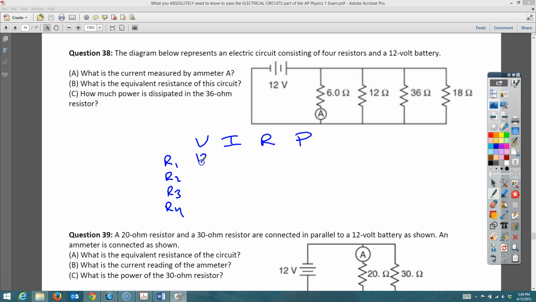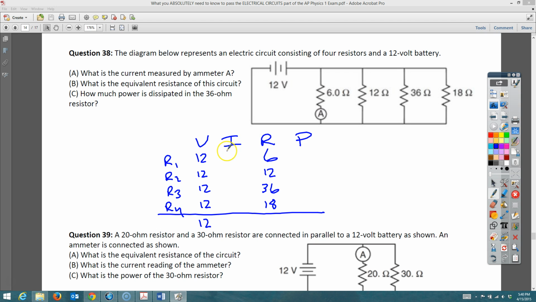The voltage for each one we know should be 12, and our total voltage then is also 12. Resistor 1, we're going to say that this one is number 1, 2, 3, and 4. 1 is 6, 2 is 12, next one is 36, and then 18. From this, we can go ahead and find out what is our current for each one.